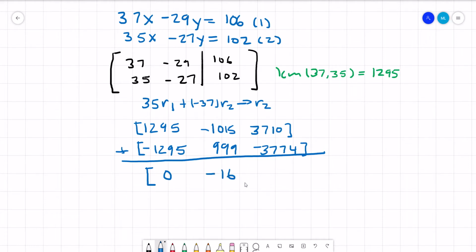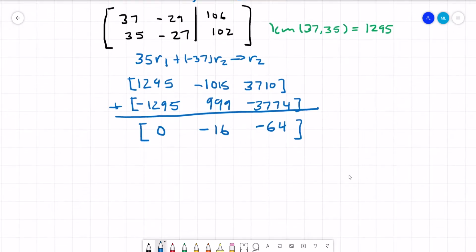Furthermore, we get the last constant by doing 3710 minus 3774, which is negative 64. Now, this is the new row 2.